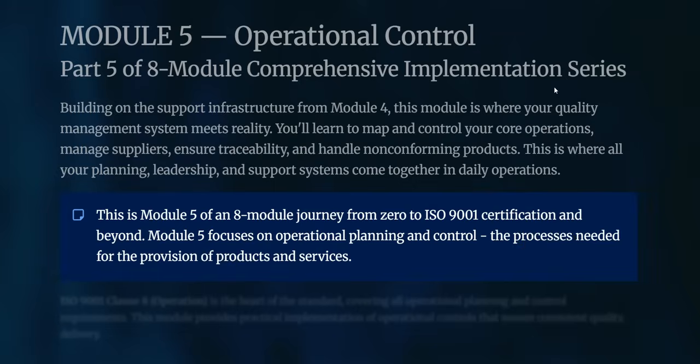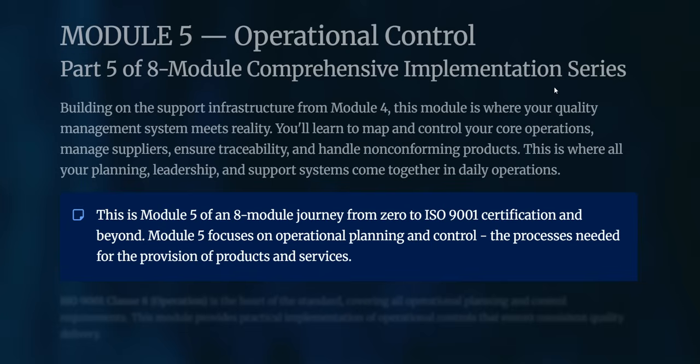And this Module 5 of 8 modules is a journey that we have designed this course to start from zero to ISO 9001 quality management system certification and beyond. Beyond means we have planned other frameworks such as ISO 22000, ISO 14001, and ISO 45001 to be implemented.